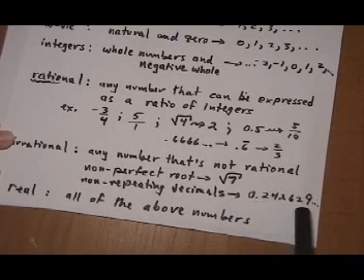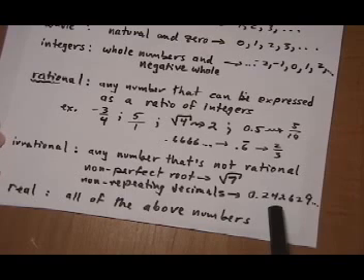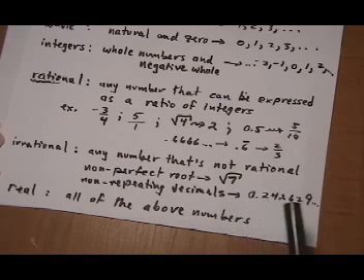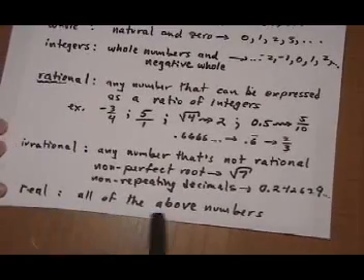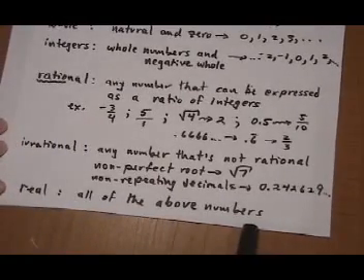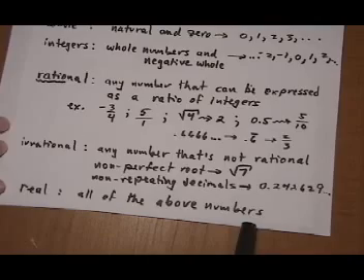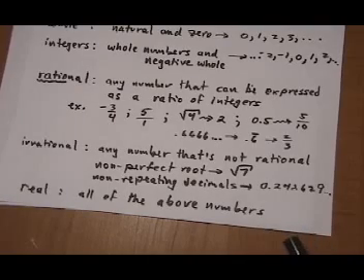There's definitely a pattern, but it's a non-repeating pattern. Therefore, it's irrational. To be a repeating pattern, it would have to be something like 0.242424 going on forever. Then it would be a rational number. The real numbers are all of the above types. So all rational and irrational numbers make up the real number system.